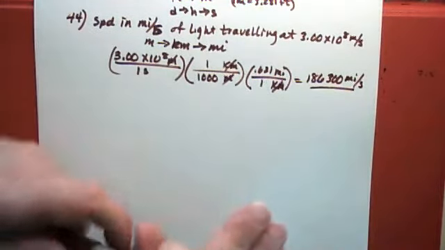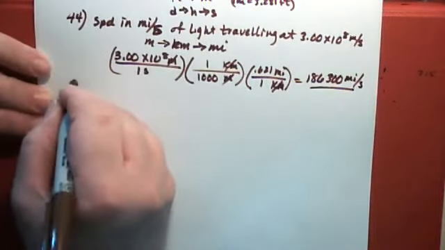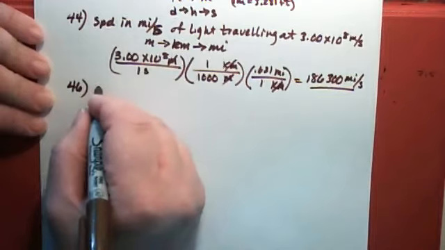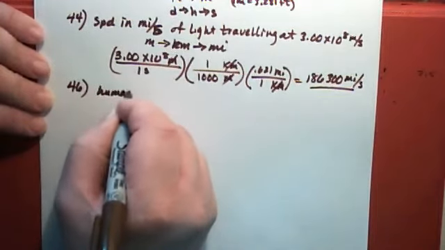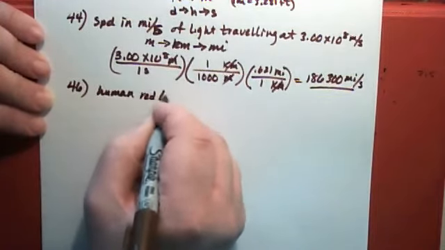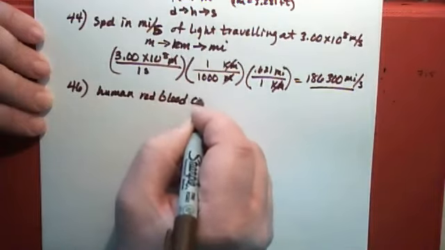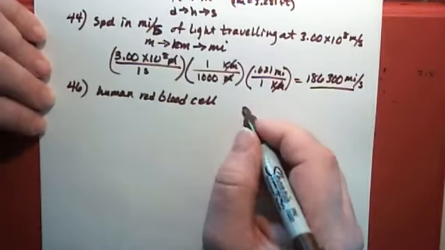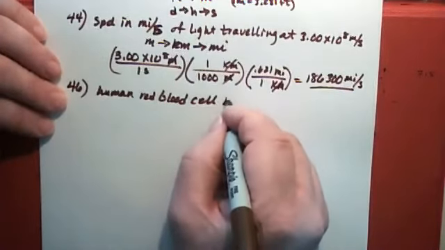Okay, let's see. How about 46? A human red blood cell has a mass of about 27 picograms.